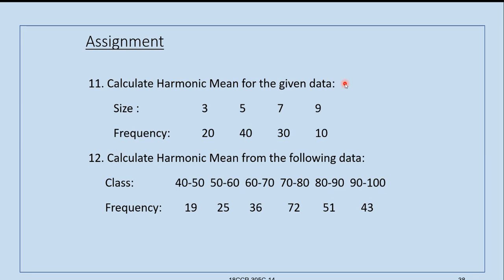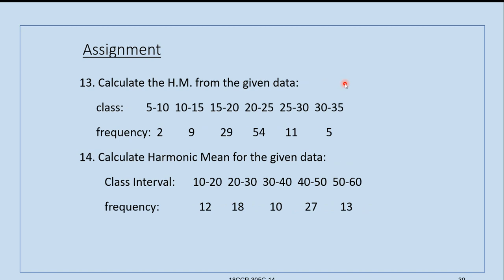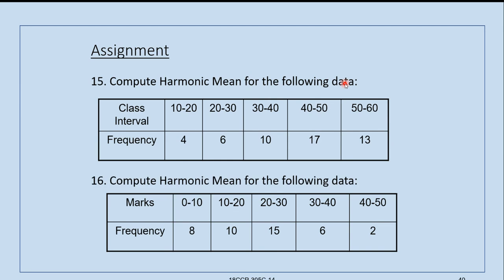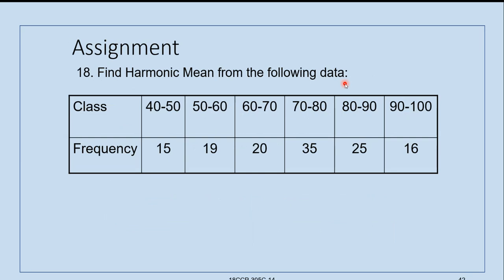That means we have 6 individual observation problems, 5 discrete series problems, and then remaining here is continuous series, I hope. 12, 13, 14, 15, 16, 17, 18, all are continuous series. So individual observation problems are 6, discrete series 5, and continuous series 7 problems are there in total.